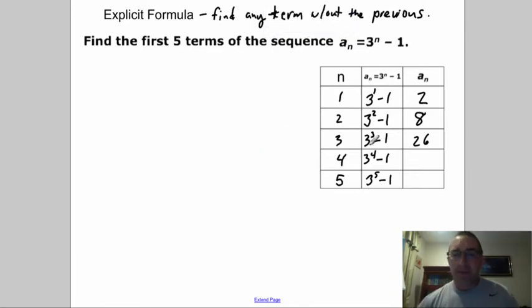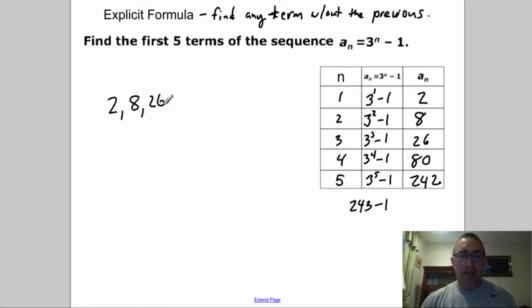Alright, so continuing on, 3 to the fourth minus 1 is 81 minus 1, which is 80. 3 to the fifth minus 1 is 243 minus 1, which would give me 242. So the first 5 terms I would write out with the commas: 2, 8, 26, 80, 242.